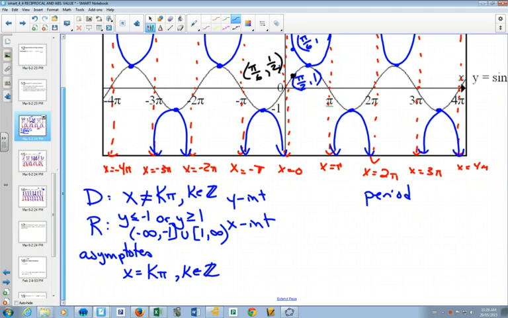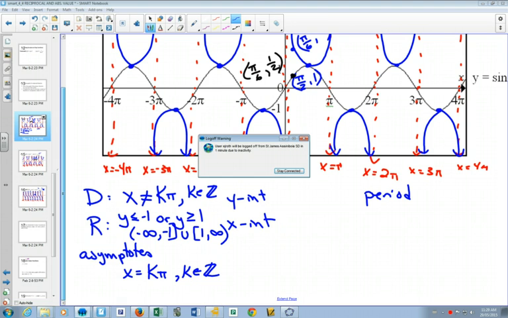Make sure you didn't put a line through there to say x can't equal, because it is an equation, and every time you have an equation, you have x equals. So the equation of that asymptote is x equals pi. When we write it as a domain, we say it can't equal. When we write it as an equation of an asymptote, we say it does equal.